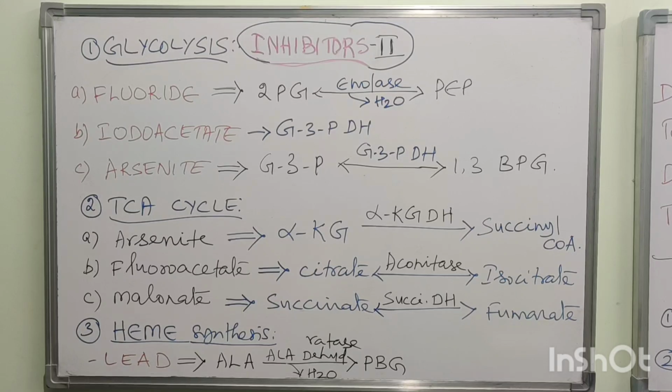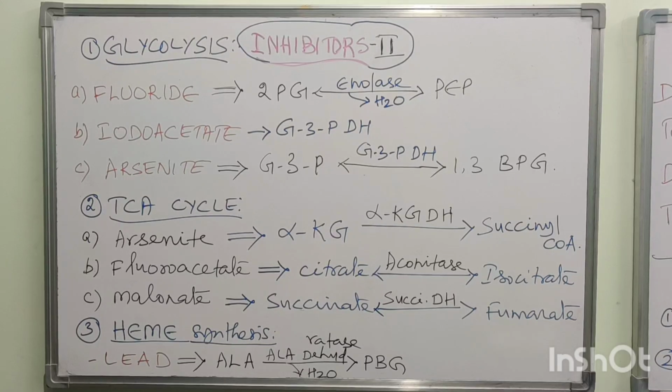Here the step is glyceraldehyde 3-phosphate converted into 1,3-BPG. BPG means bisphosphoglycerate, right? So arsenite inhibits the enzyme glyceraldehyde 3-phosphate dehydrogenase, which converts glyceraldehyde 3-phosphate into 1,3-bisphosphoglycerate. So these three inhibitors are very important MCQs from glycolysis.